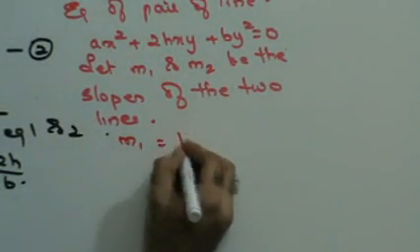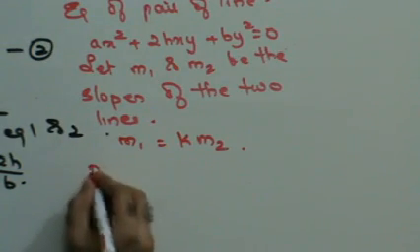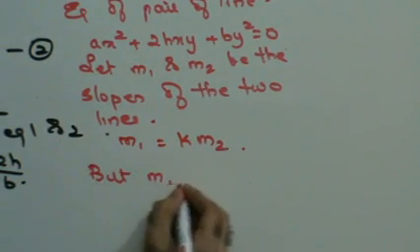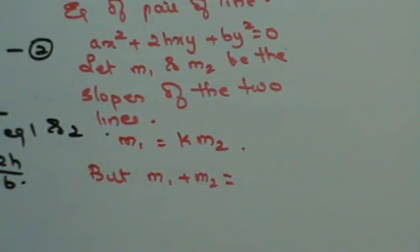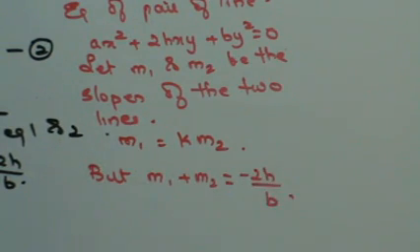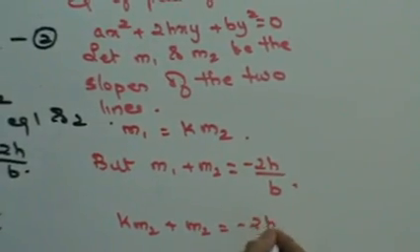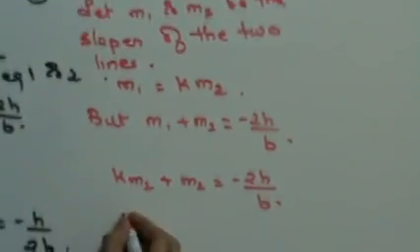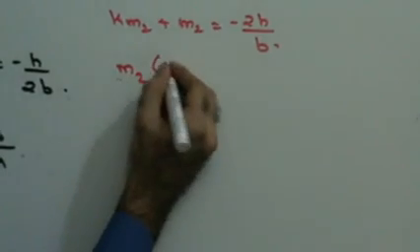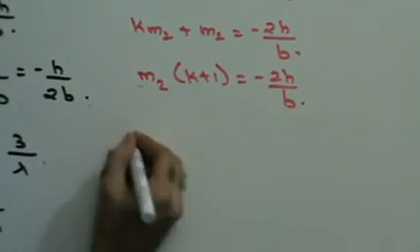That means I can say m1 is k times m2. But we know that m1 plus m2 is nothing but minus 2h upon b. Right? Now instead of m1 I can write k times m2 plus m2 is minus 2h upon b. m2 common, k plus 1 is minus 2h upon b.